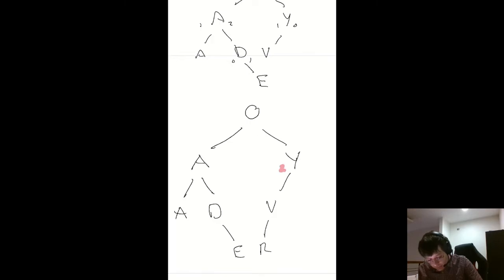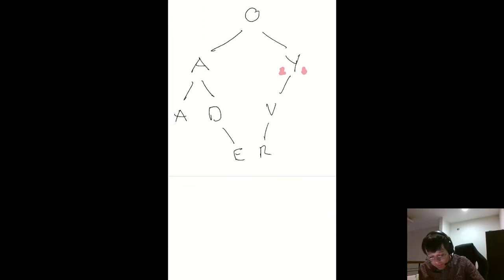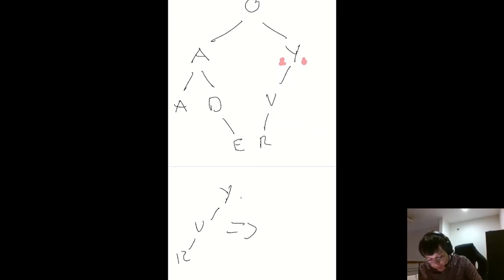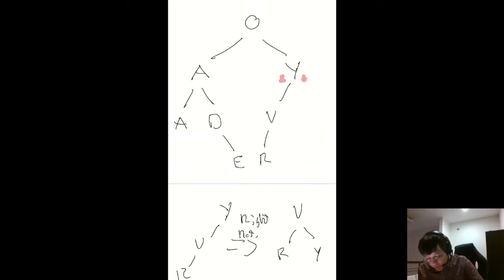This is a 2, 0. So let's just rotate that bit. Literally all the rotations in this one were right rotations. That's interesting. And then let's just plug it in.